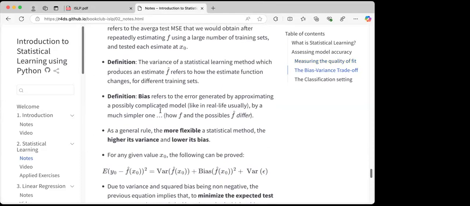Bias refers to the error generated by approximating a complicated problem with a much simpler model. Bias is very common when we are working with linear models, wherein we simplify the model to just a few parameters to estimate.